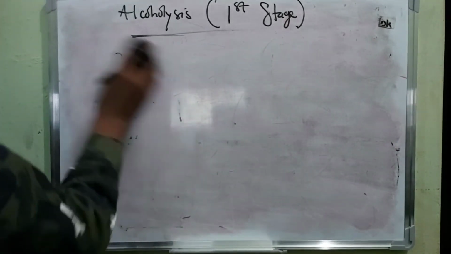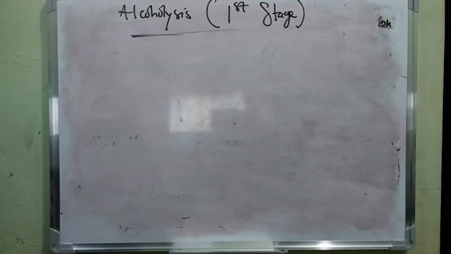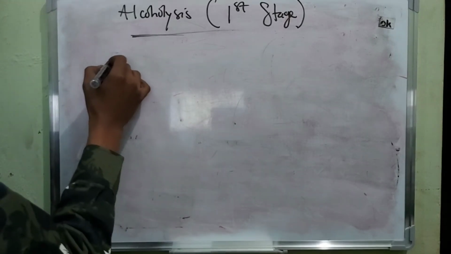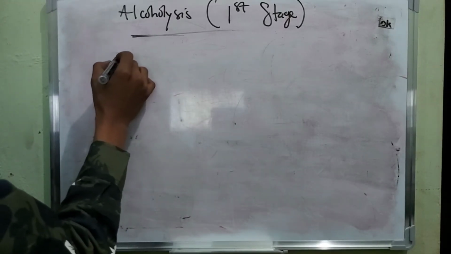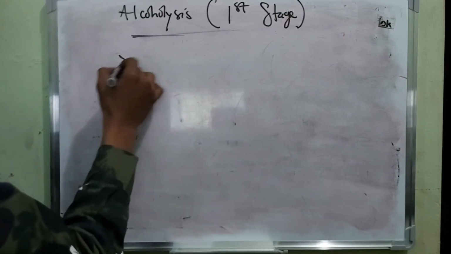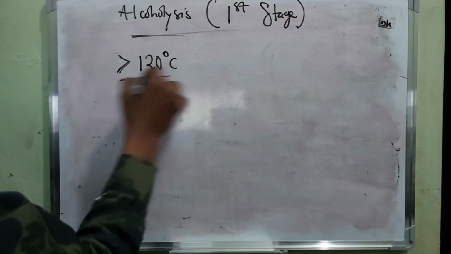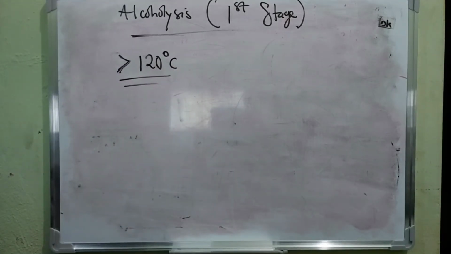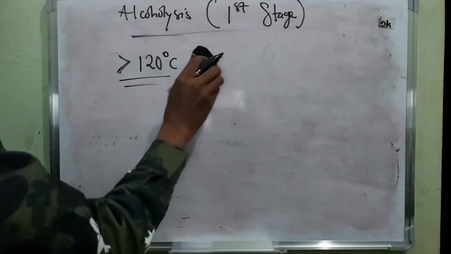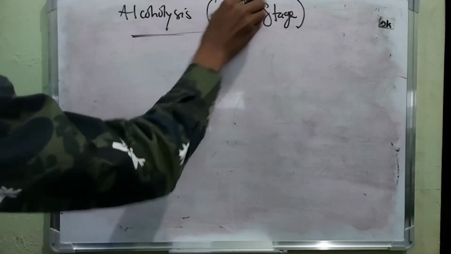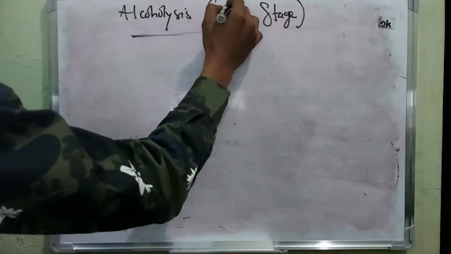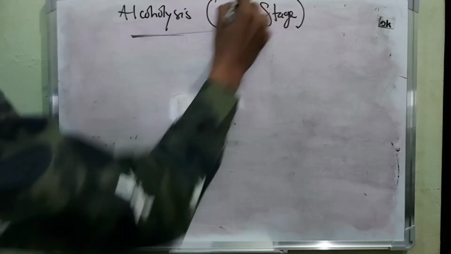Allow it to cool down to about 100 or 120 degrees Celsius. Once the system cools down to less than 120 degrees Celsius, then that is when you can start the second stage. All right, so now the second stage is called the trans-esterification stage.